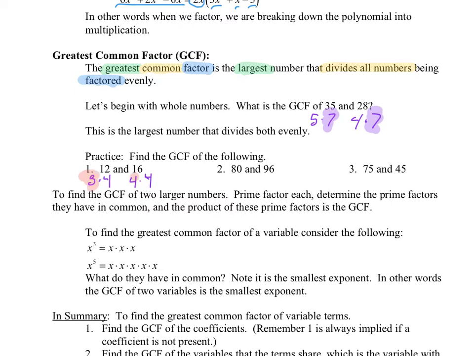The 3 and this 4 have nothing in common. So I can't reduce those. And the other two are just the largest numbers I have that are going to be factors of these two numbers. So the greatest common factor is 4.